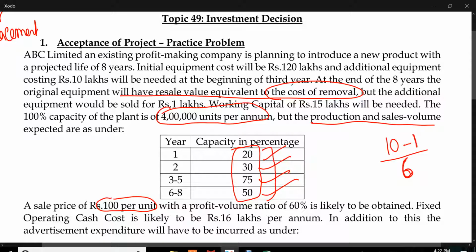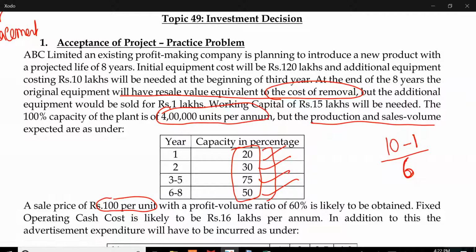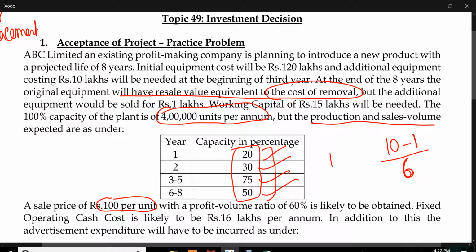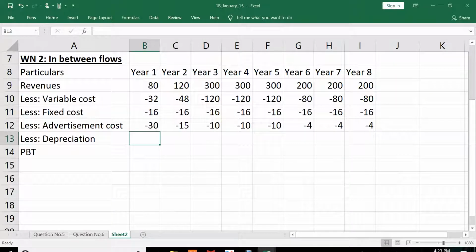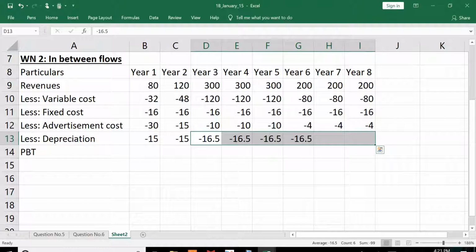You buy it at the beginning of the third year, so you will claim depreciation even in the third year. So original equipment is 15 lakhs, additional equipment is 1.5. So my depreciation is 15 for the first 2 years, 16.5 for the last 6 years, and get PBT.